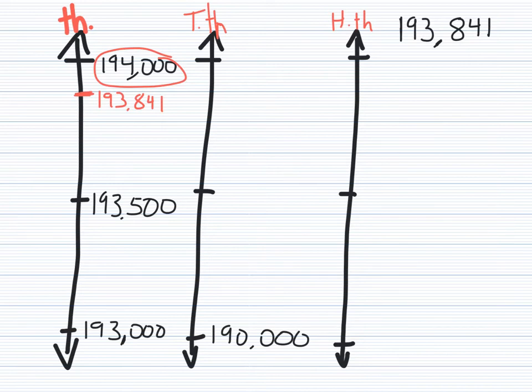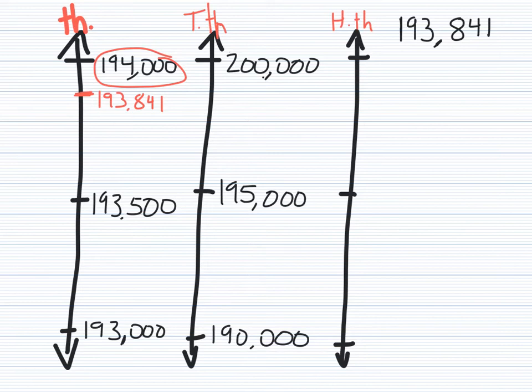Well, that 19 thousandths would go up to 20 thousandths to make this 200,000. That is 1/10,000 more.